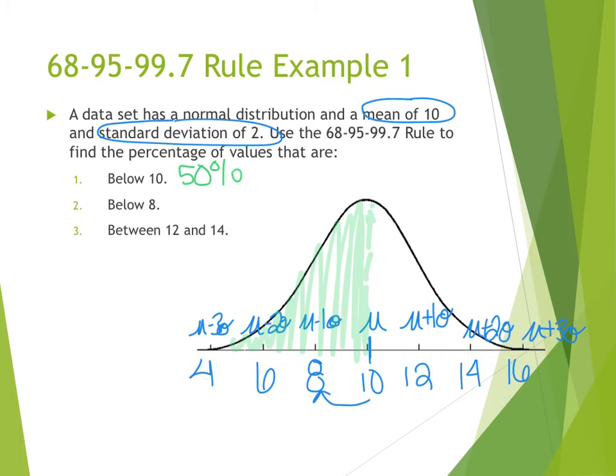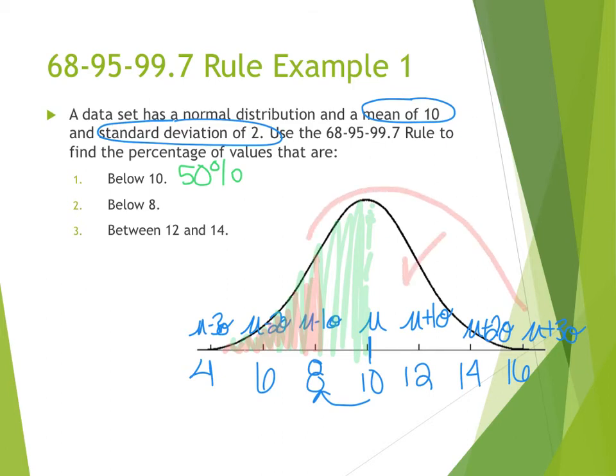If I'm looking at just below 8, that's going to be that red shaded area. You can think about this as a whole, and the red is going to be 1 minus all of this leftover part.